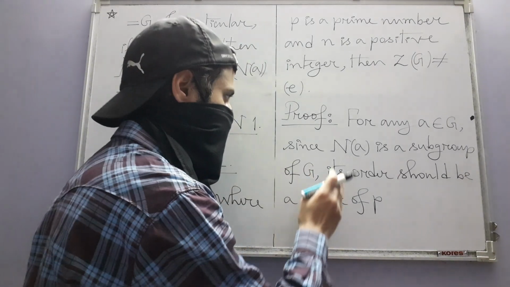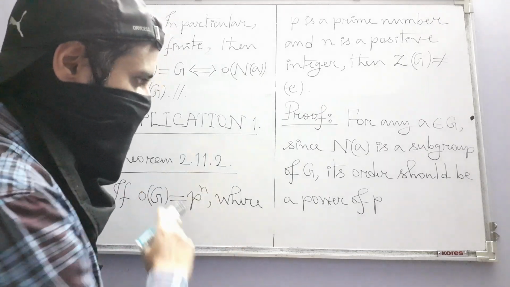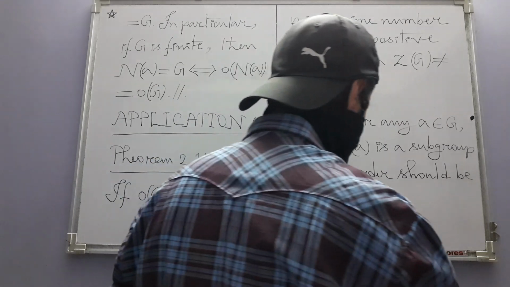So by Lagrange's theorem, the order of the normalizer has to divide this power, so it should itself be a power of p.